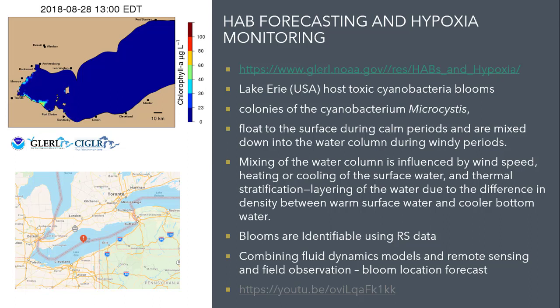And also this supports the local water agency in knowing the potential impact of this bloom, or knowing when to do abstraction of water so that they don't end up getting the blooms into the water system for the surrounding cities. So the current model that is being used combines fluid dynamic model and remote sensing as well as field measurement to do bloom location forecast.